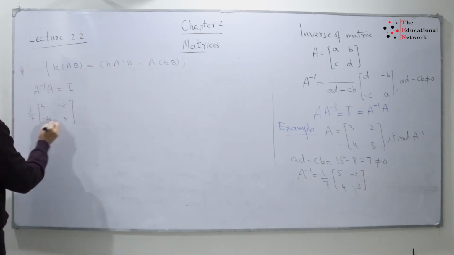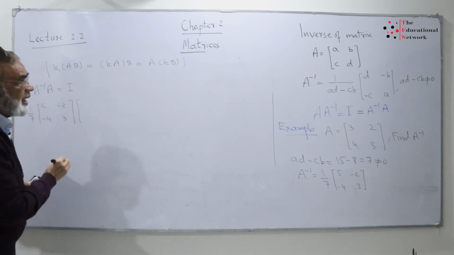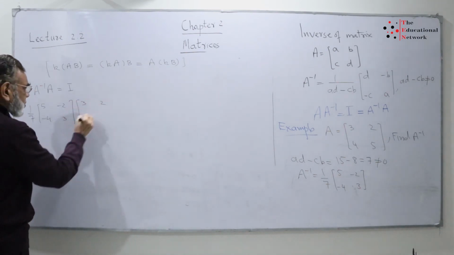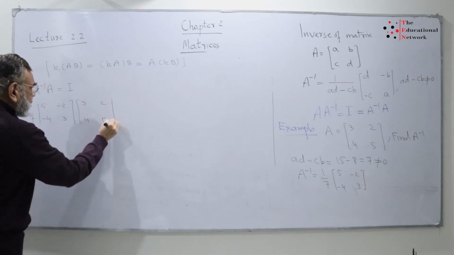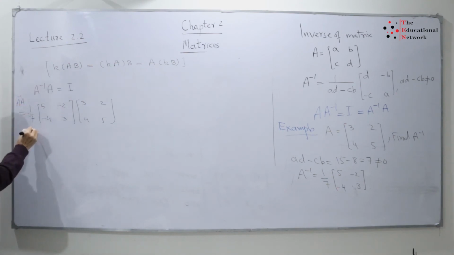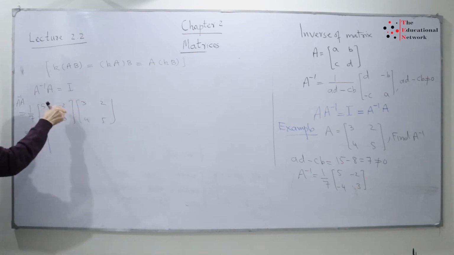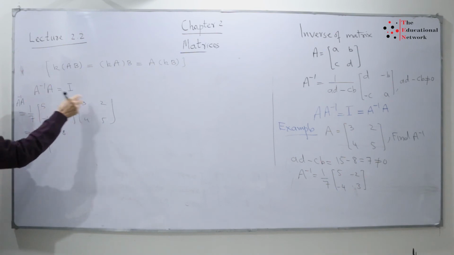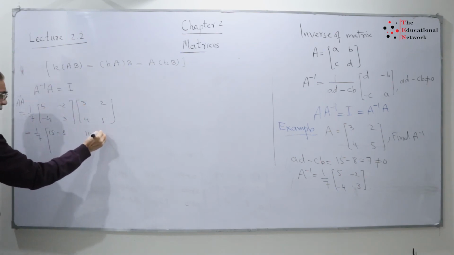I'm writing this A inverse times A. My A is 3, 2, 4, 5. So I multiply them and take 1 upon 7 out. First row with the first column, we get 15 minus 8. First row with the second column, 10 minus 10.